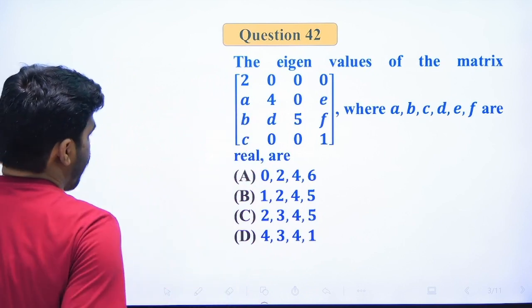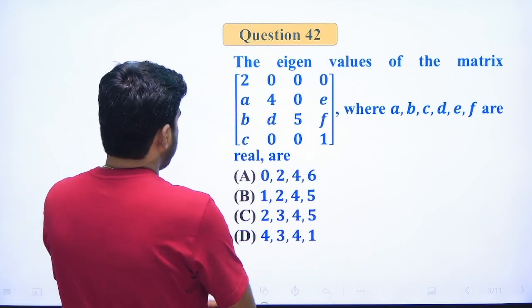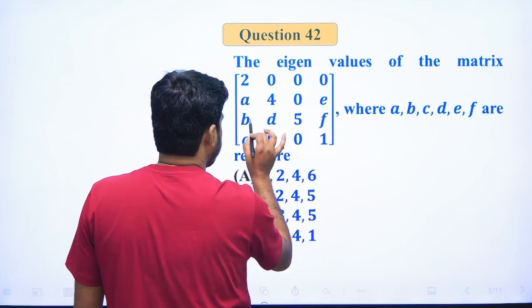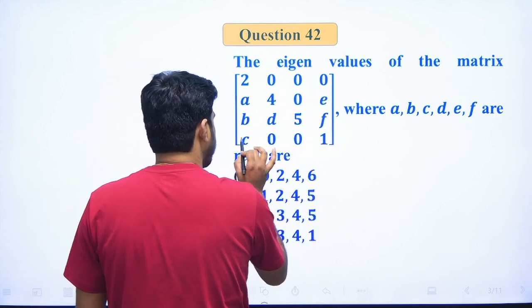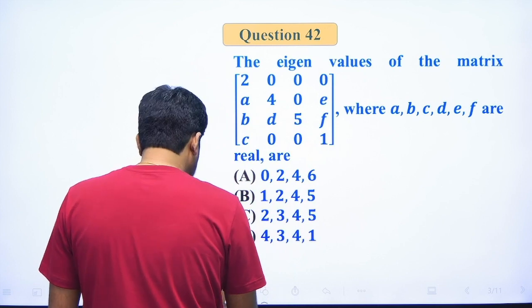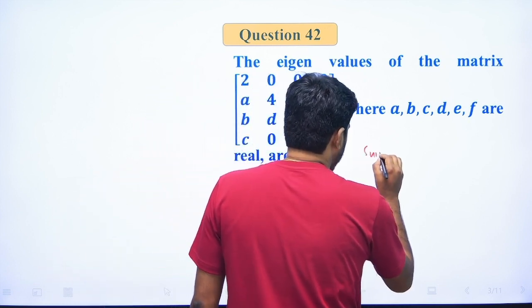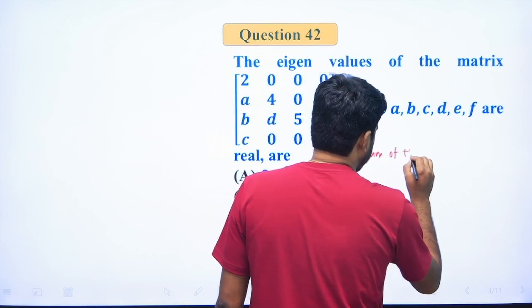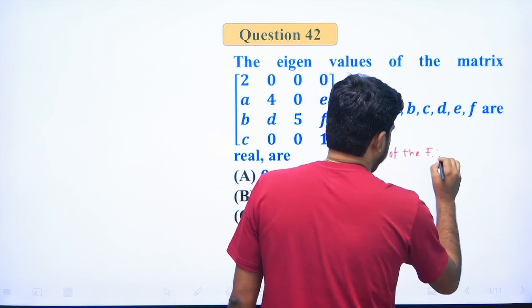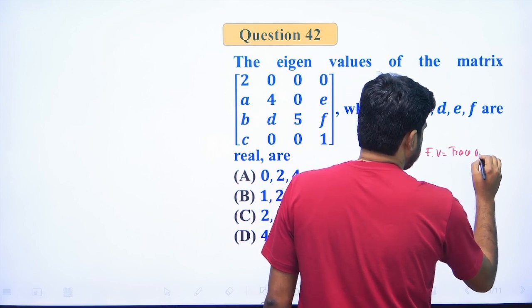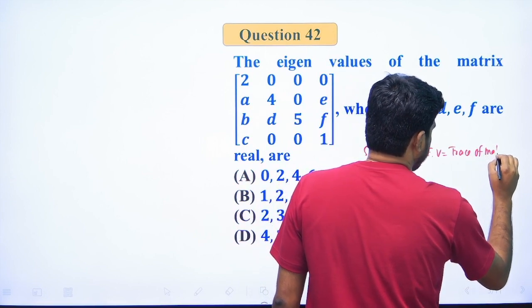The eigenvalues of this matrix. What is the matrix here? That is 2 0 0, and so on. We apply just these two properties. What are the properties? Sum of the eigenvalues is equal to trace of the matrix.